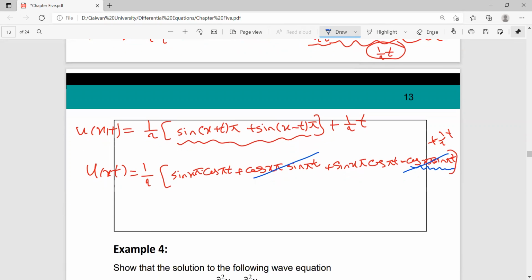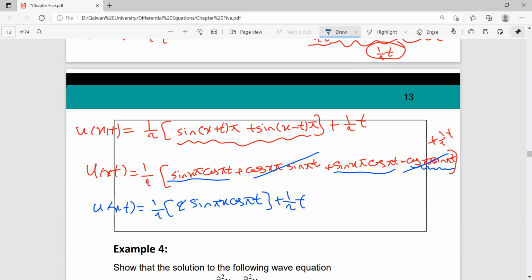So you get u of x,t equals a half of these two, which are the same with the same sign, so it equals 2 sine pi x cosine pi t plus a half of t. These two are cancelled out. So we get sine pi x cosine pi t plus half of t.